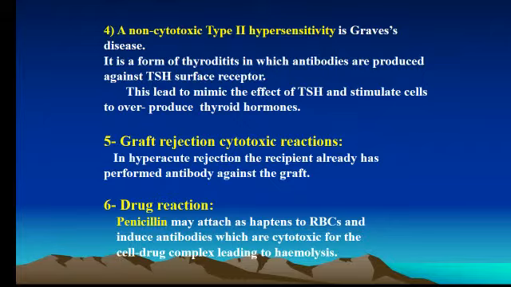And the answer is Graves' disease. Graves' disease is a form of thyroiditis in which antibodies are produced against the TSH surface receptor. This leads to mimicking the effect of TSH and stimulating cells to overproduce thyroid hormones. This is all of Graves' disease.